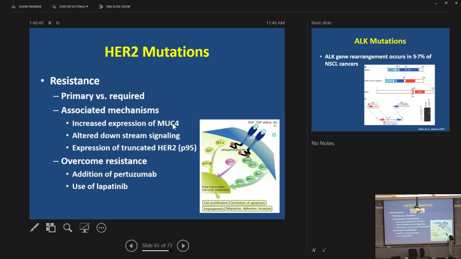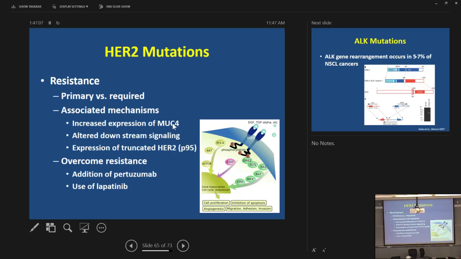We can see altered downstream signaling, so maybe you get something downstream constitutively activated. And then also we can see a truncated expression of HER2. So you got HER2 up there, but it's not real HER2, so trastuzumab can't bind to it. So we see this resistance develop. So to overcome this resistance, we can add pertuzumab. What's the advantage of pertuzumab? What does it do?